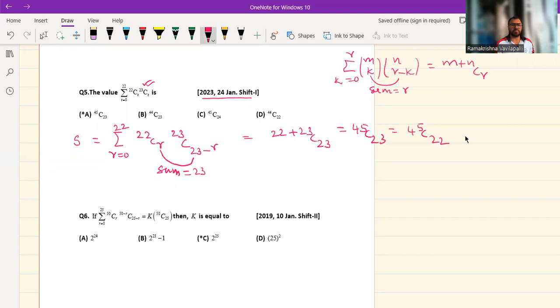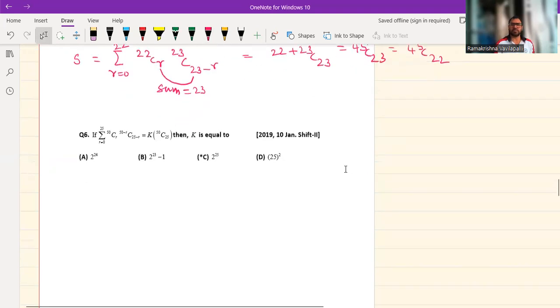Very simple question. There is another question asked in 2019. Now you see, here r, here 25 minus r, so the sum of these two is 25.